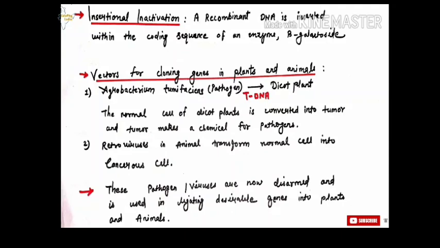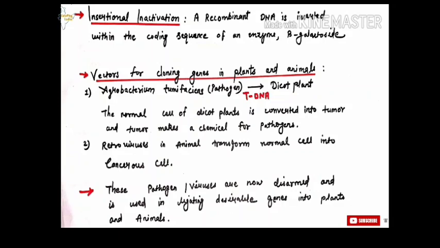Insertional inactivation. We took the example of an antibiotic resistance gene that helps in selecting the transformants, whereas the other antibiotic resistance gene gets inactivated due to insertion of alien DNA and helps in selection of recombinants. So as we saw, we need to select the transformants from the non-transformants.